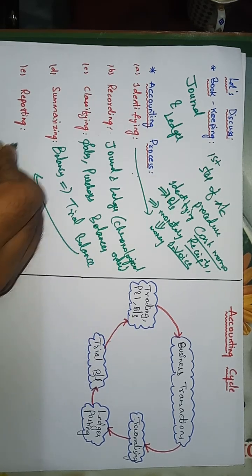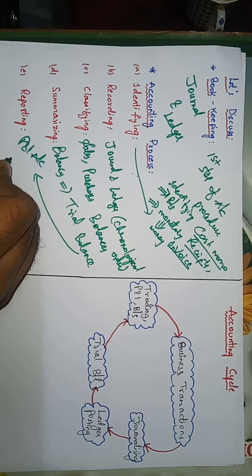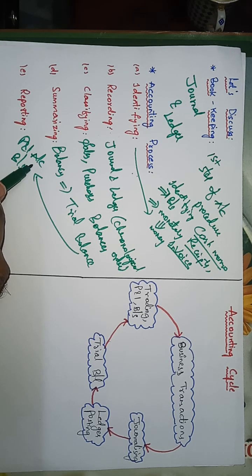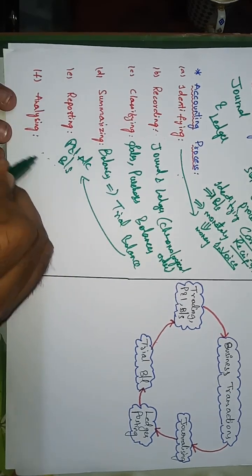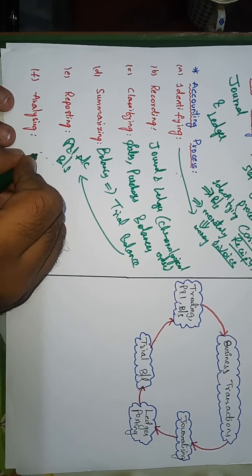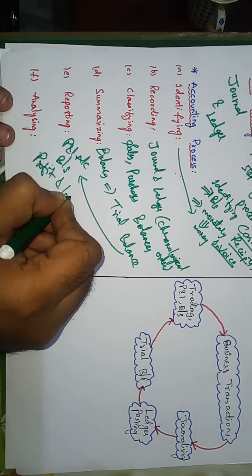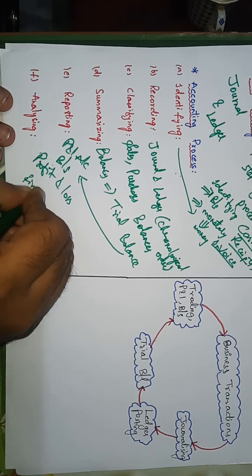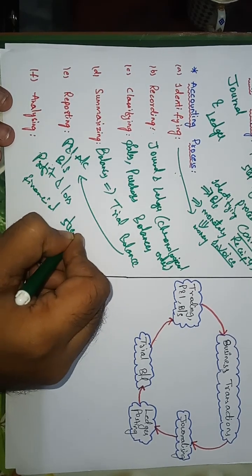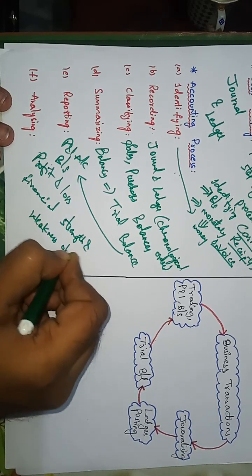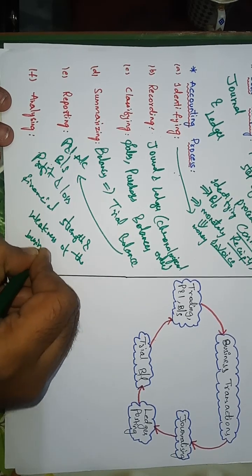From the trial balance, we prepare the P&L account and balance sheet. These are the financial statements. They are the last step of accounting, and with the help of the P&L account and balance sheet, we are going to find whether the business is gaining profit or incurring loss, and the financial strength and weakness of the business.